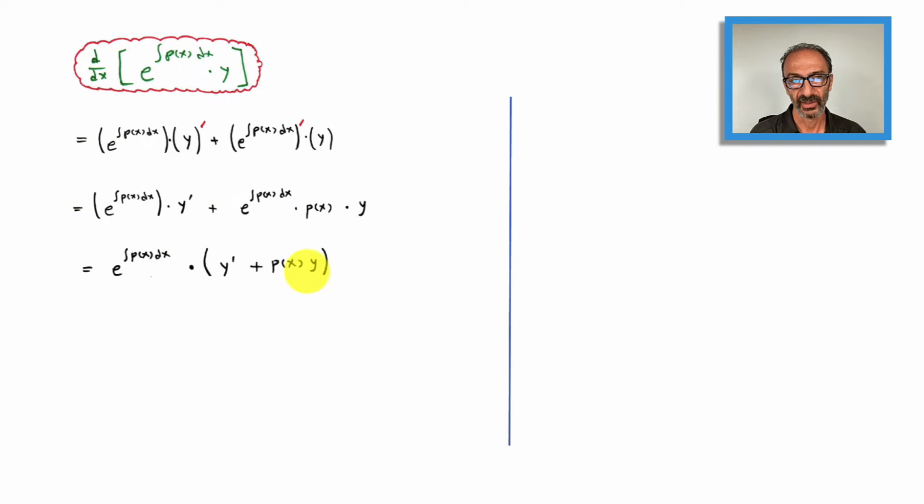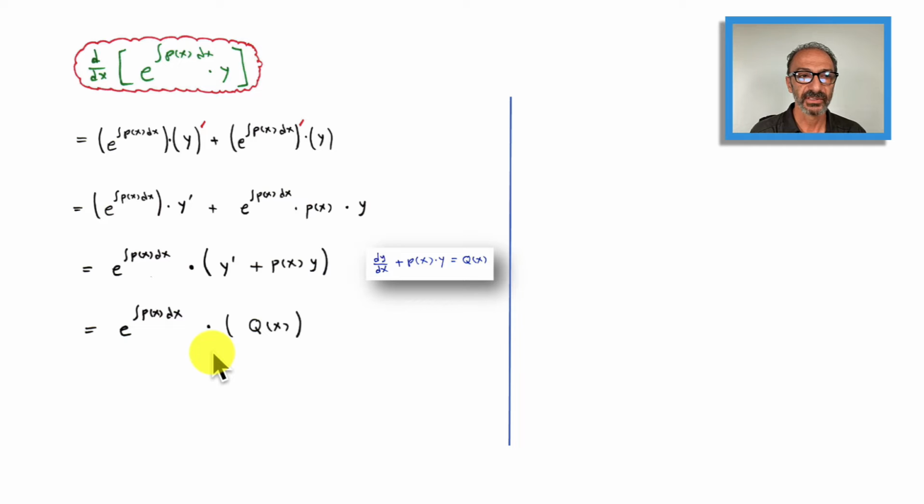Now, what's inside parentheses is actually the left-hand side of the first order linear differential equation, which is in short q of x. So we're going to replace that with q of x.